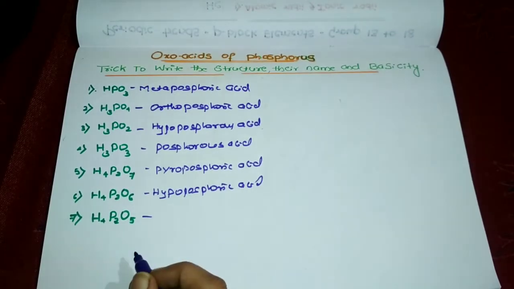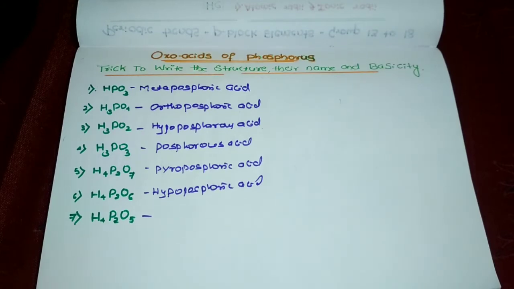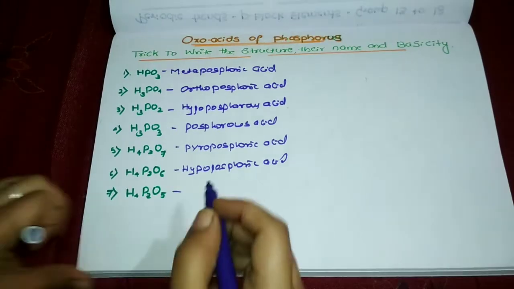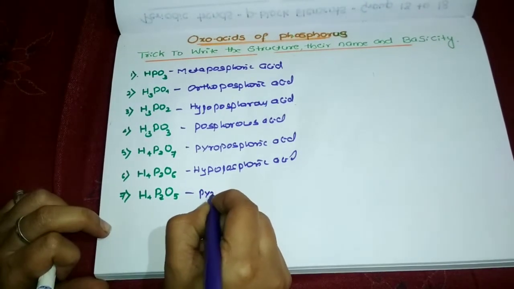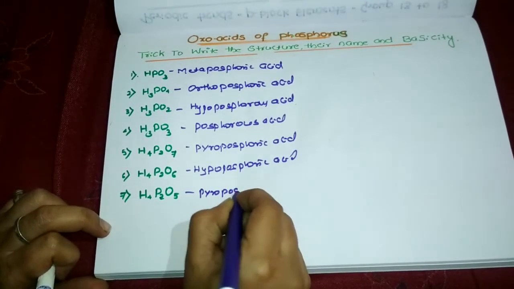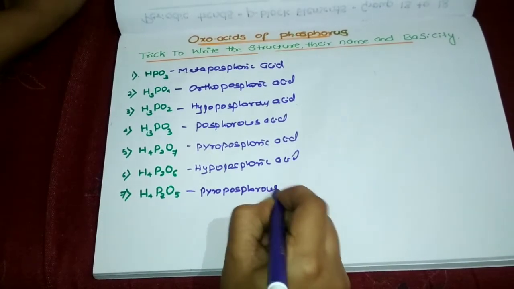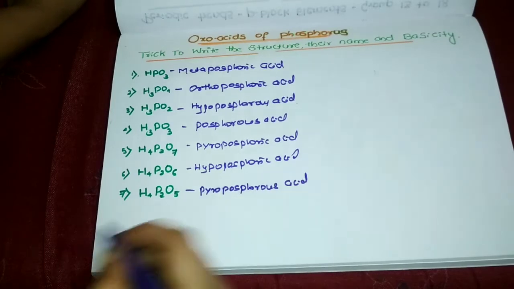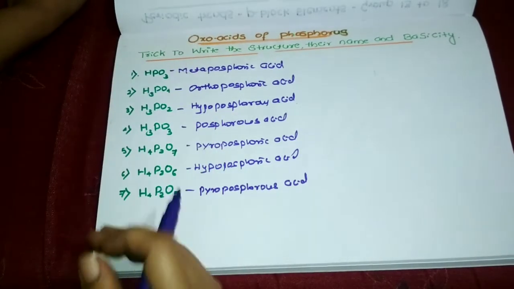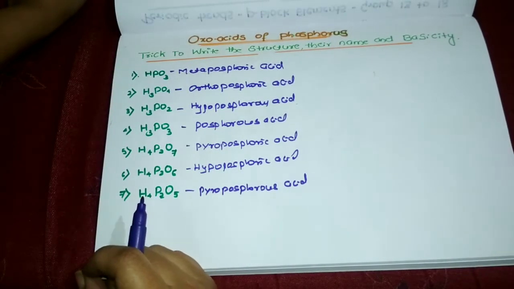So the last one we have is H4P2O5, which is known as pyrophosphorus acid. H4P2O5 is known as what? Pyrophosphorus acid. So dear students, this much is very important for your exam.